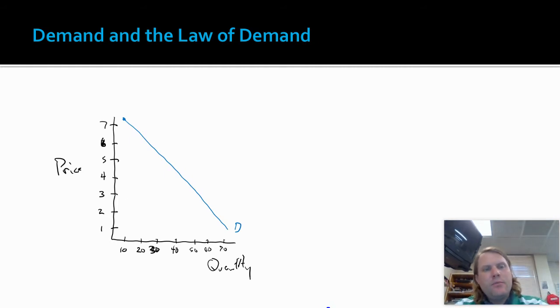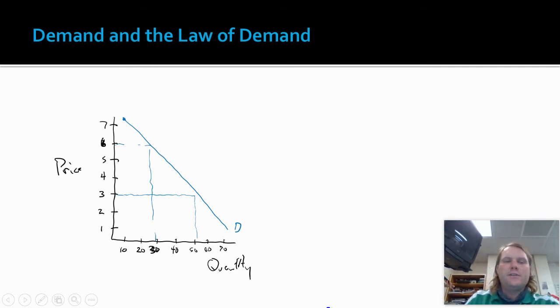And again, the numbers are hypothetical. If you wanted to apply the law of demand here, well, if the price of whatever product we're talking about is 6, we would demand on my graph approximately 30. If the price was 3, we would demand approximately 50. So as the price goes down, the quantity increases with it, and as the price goes up, the quantity decreases.